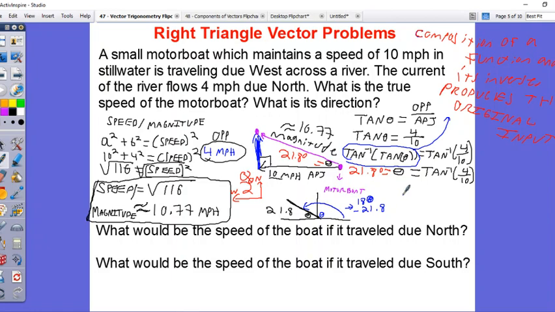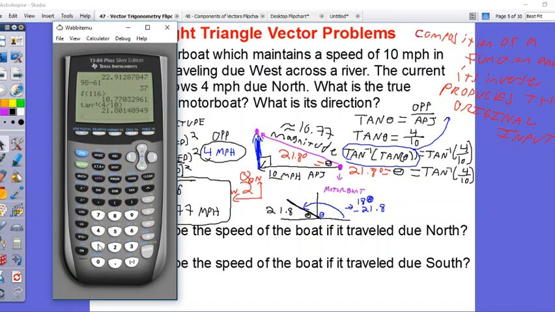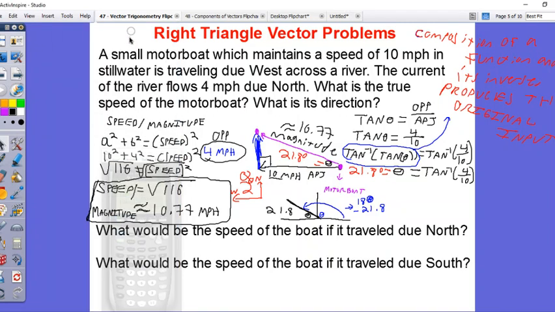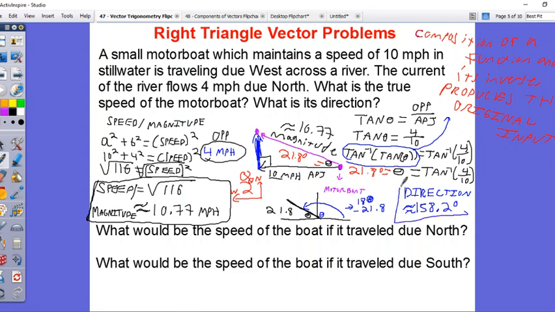So that should be 180 minus 21.8. That will be 158.2. So our actual direction is going to be equal to 158.2 degrees. That's approximate.